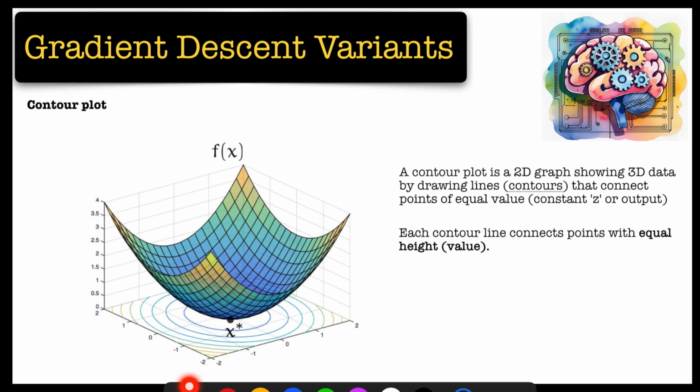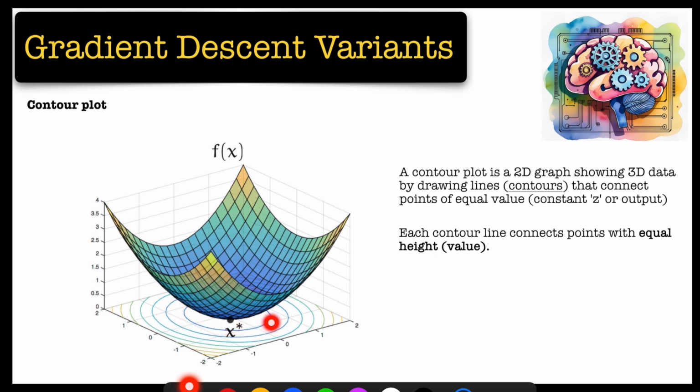Before going there, let's quickly talk about the contour plot. What is a contour plot? A contour plot is a 2D graph showing 3D data. Here you see the loss graph for a model, right? Here we have minimum loss, and as we move up we have much more loss. So we are plotting these 3D points in two dimensions.